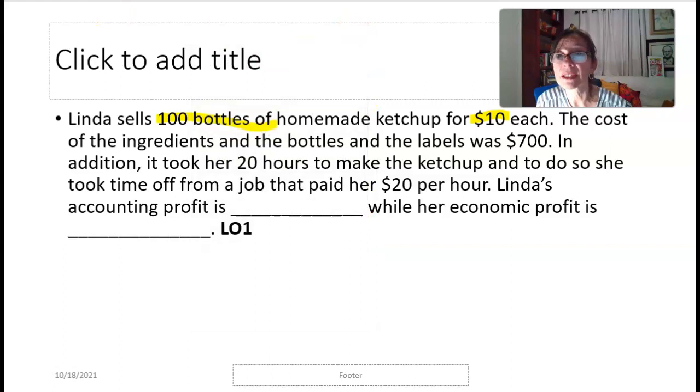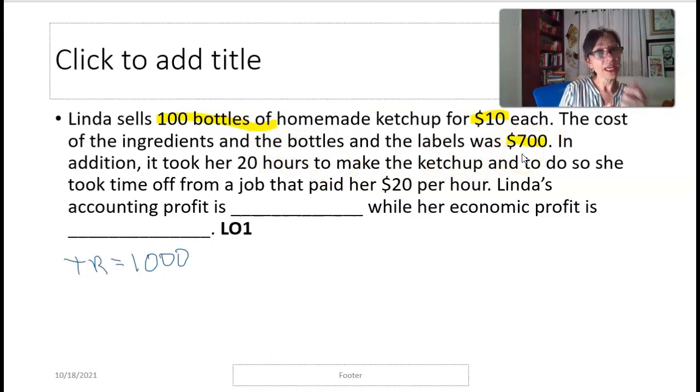Okay, so let's jot that down. TR equals 1,000. Okay, the cost of the ingredients and the bottles and the labels was $700. So that is explicit. That means she had to shell out $700.